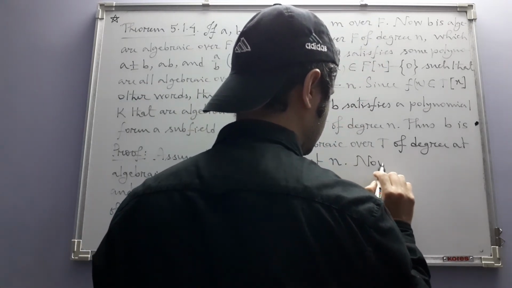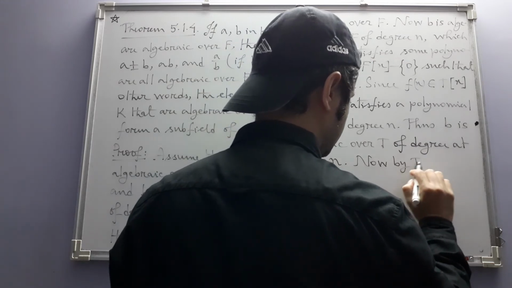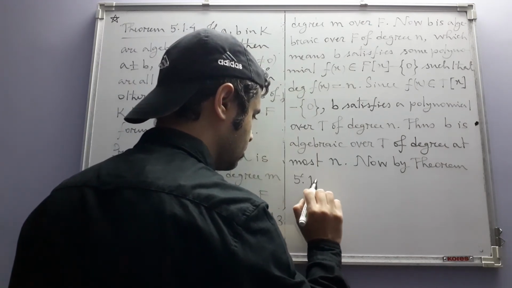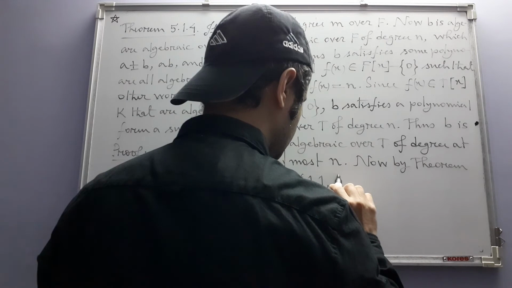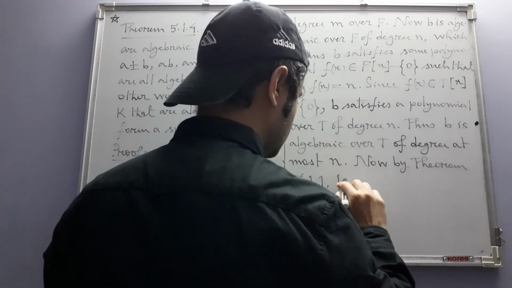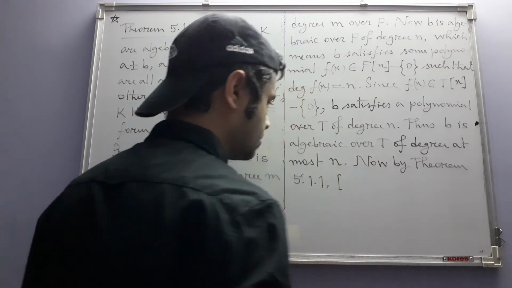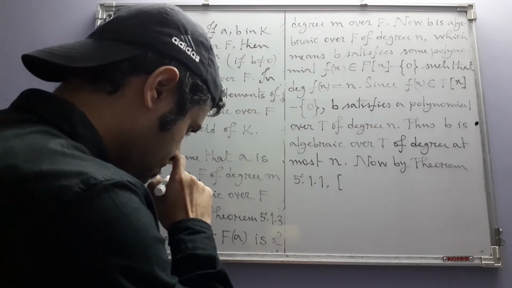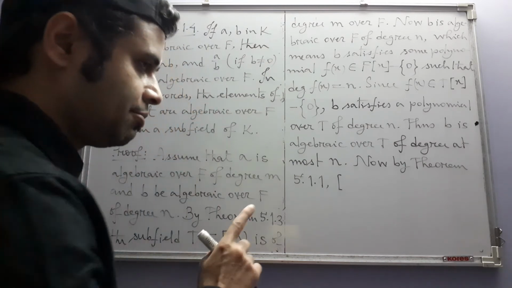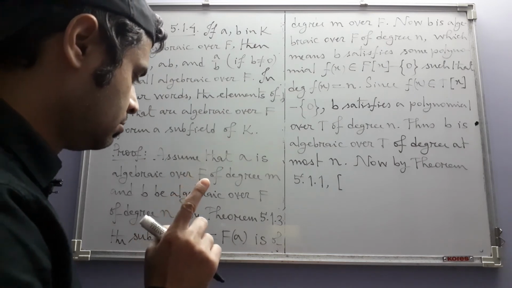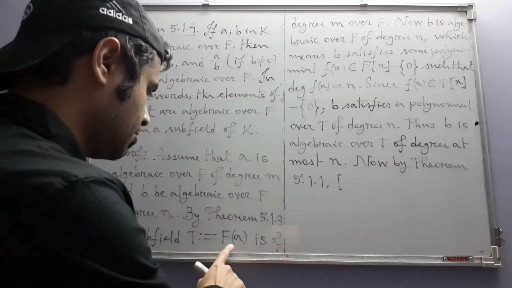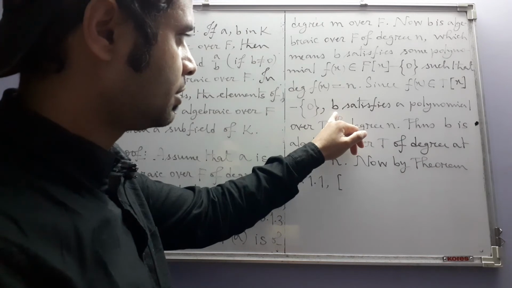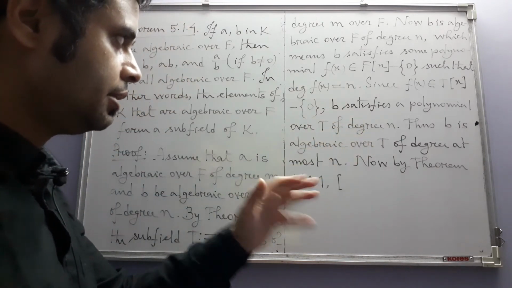Now, by our first theorem on finite extensions, what are we having here? FA is a finite extension of F, because A is algebraic over F. And now additionally we have the fact that B is algebraic over t.